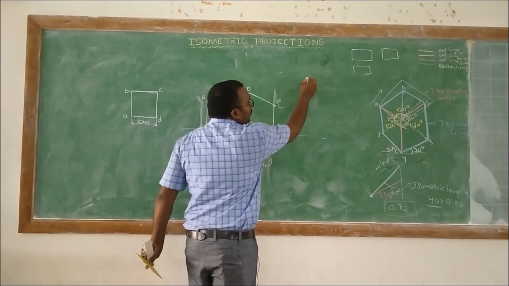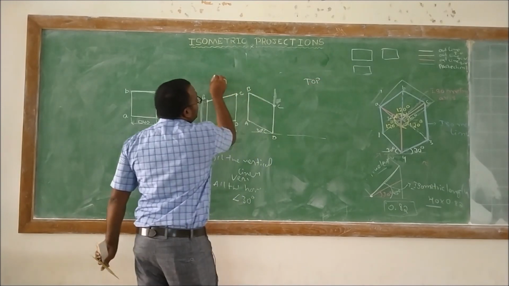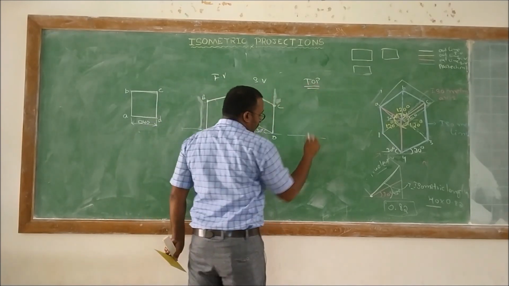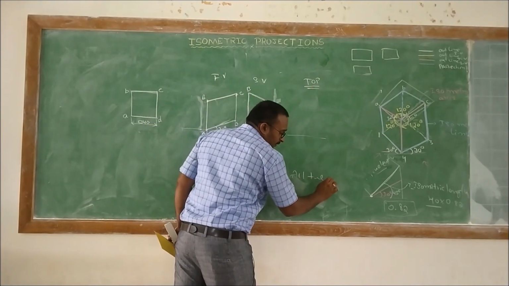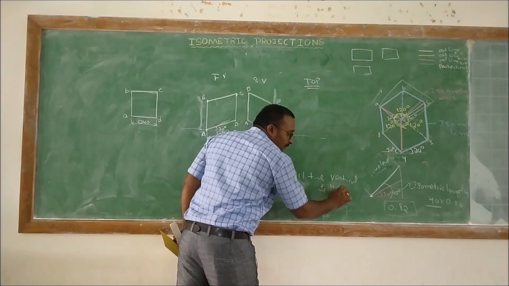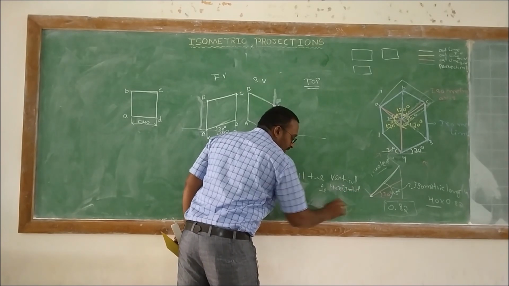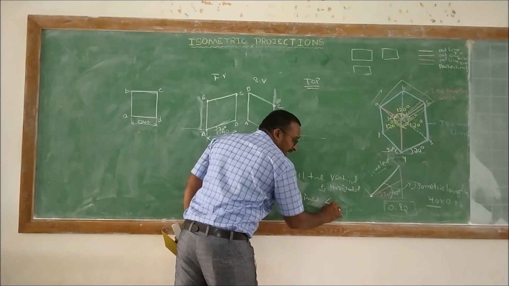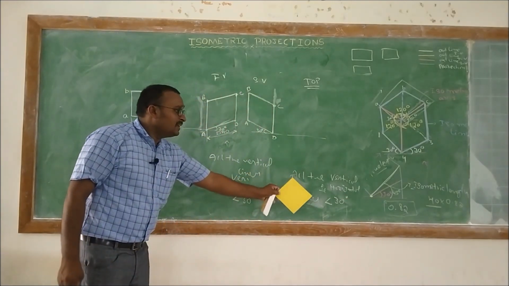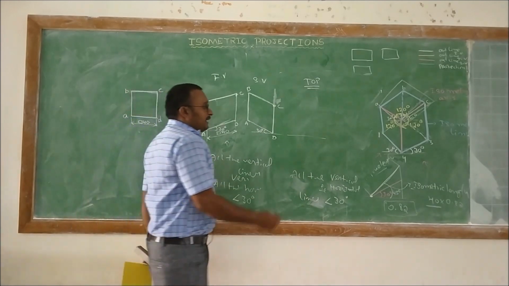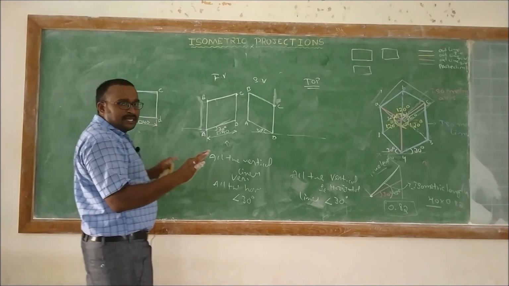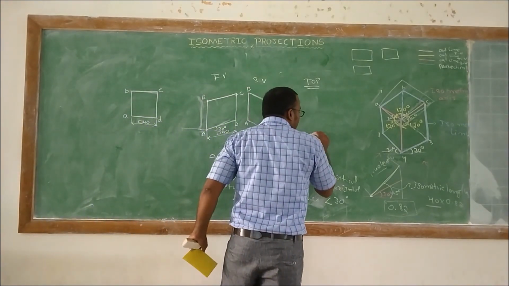But in the case of top view, all the vertical and horizontal lines will be inclined at an angle of 30 degrees to the ground. Please remember the difference between the front view, side view and top view. I already told that vertical lines and horizontal lines both are equally inclined at 30 degrees to the ground.